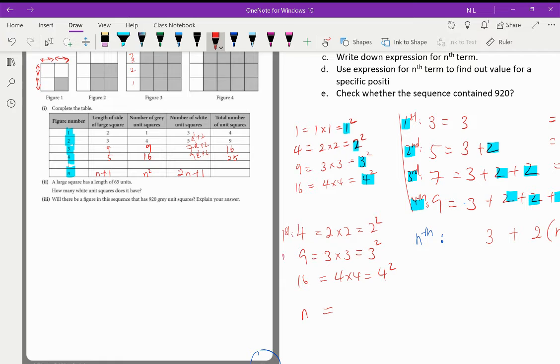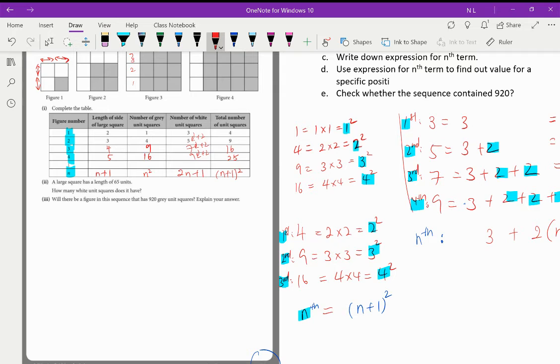So let me write down the position number and let's compare. When I have the first term, I will have 2 squared. In the second term, it will be 3 squared. In the third term, it will be 4 squared. So when I have the nth term, I will have n plus 1 squared. So my expression for the total number of unit squares will be (n plus 1) squared.